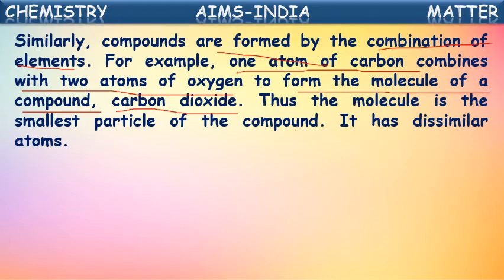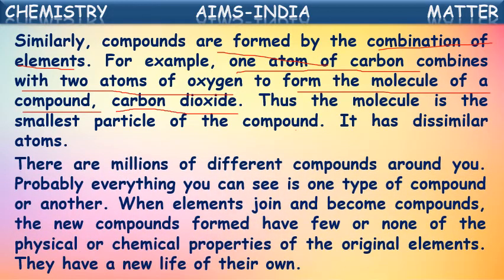It has dissimilar atoms. Carbon is different, oxygen is different. Two dissimilar atoms combine in a 1:2 ratio, one atom of carbon and two atoms of oxygen, forming the carbon dioxide compound.